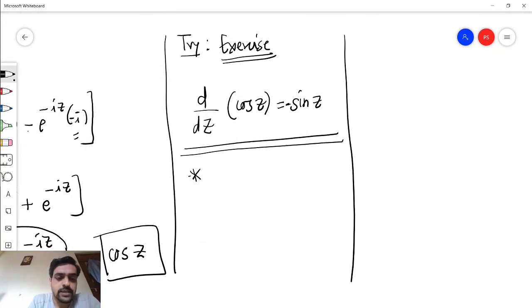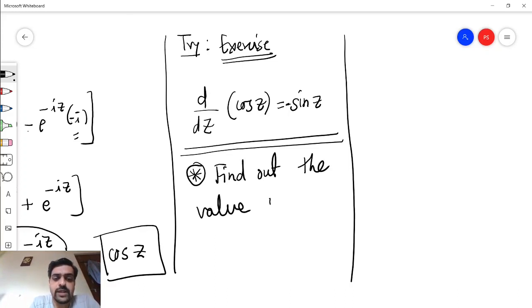So let us include a simple problem which tells us to find the value of tan of i times log 2.